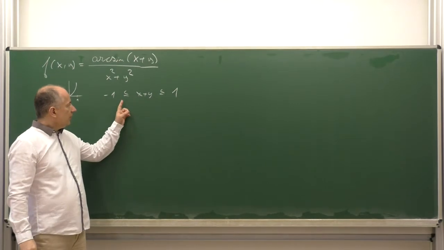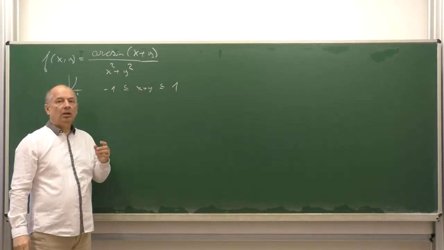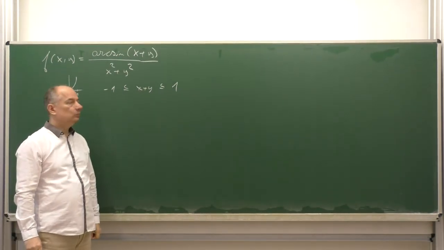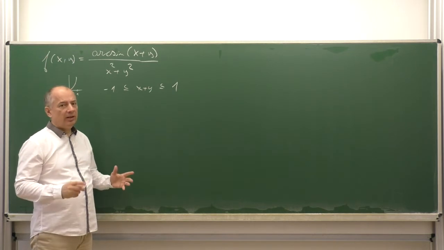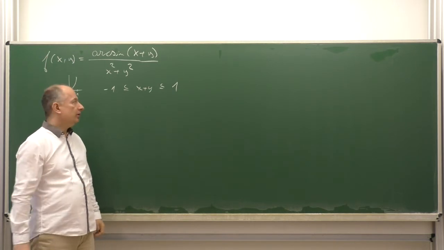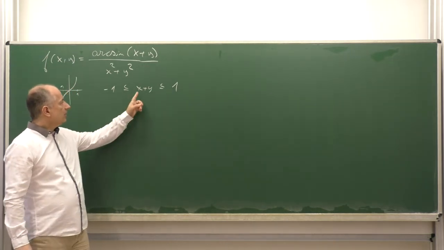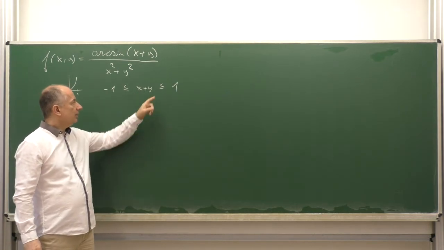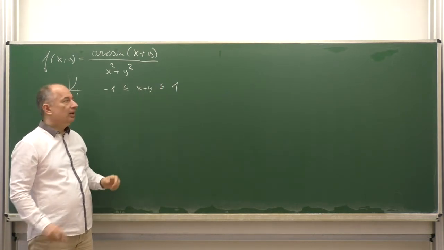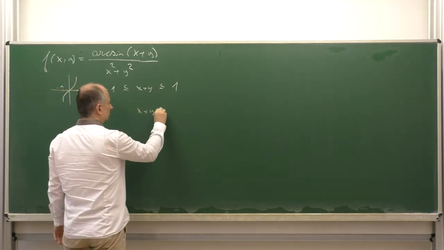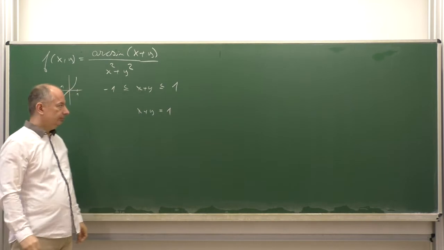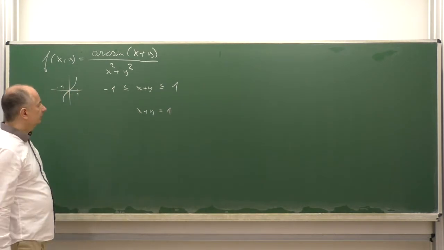So this is an abbreviation for two inequations. Usually, we are more comfortable with equations than inequations. So let's start with this one, and instead of less than or equal to, let's write for the moment just equal to 1.